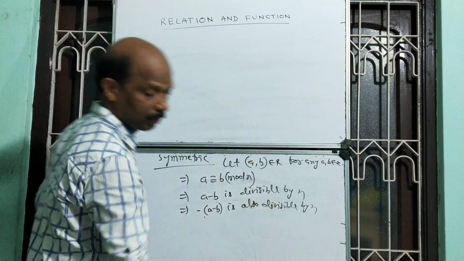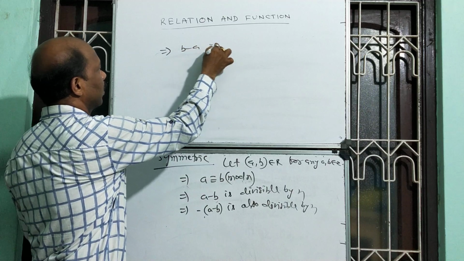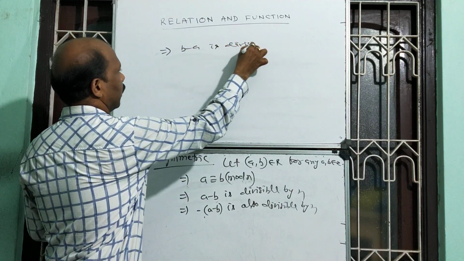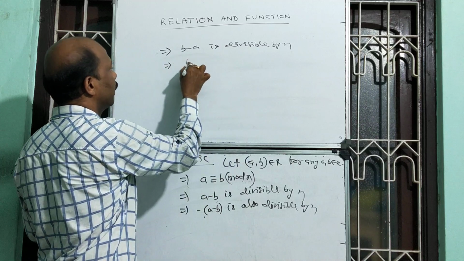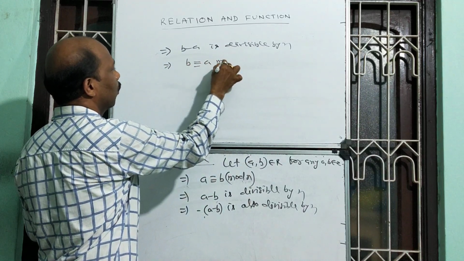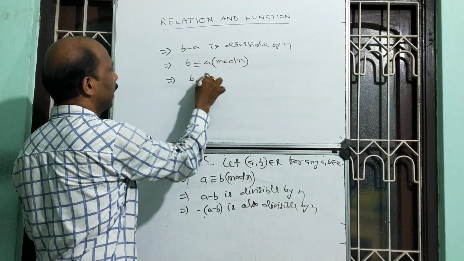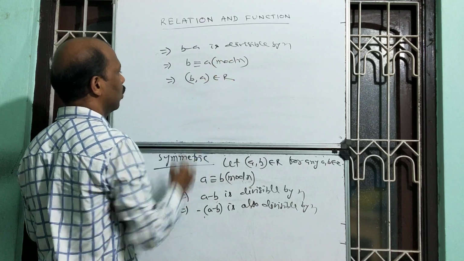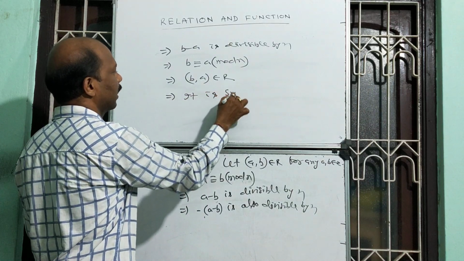That implies b is congruent to a modulo n. That implies (b, a) belongs to R. That implies it is symmetric.